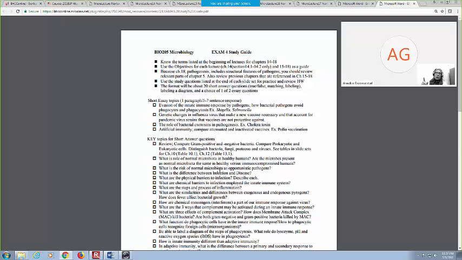But in the innate immune response, you should know the barriers, the key cells, phagocytosis, and then the key chemical factors like the complement that's constantly circulating in our blood, and how that's activated. Antibodies will circulate in our blood, but that's only after the adaptive immune response matures.